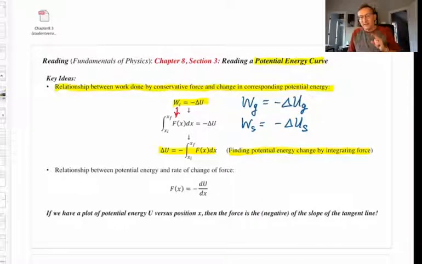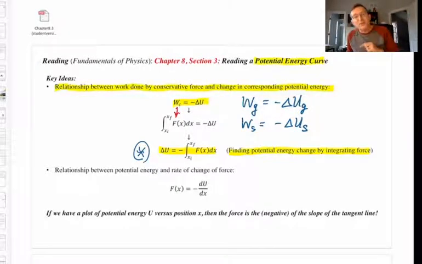All right, now here comes the next idea. If, according to this expression right here, the change in the potential energy between two points, x initial and x final, can be obtained by the negative of the integral of the force, then from the fundamental theorem of calculus, which in a nutshell says differentiation and integration are inverse operations of each other, they undo each other.